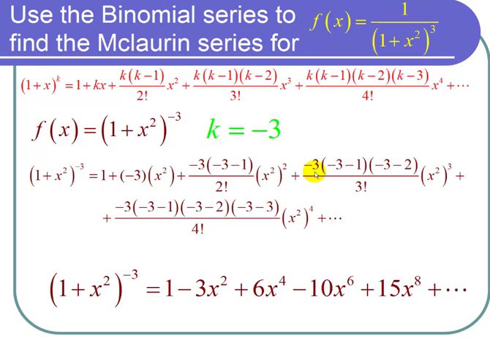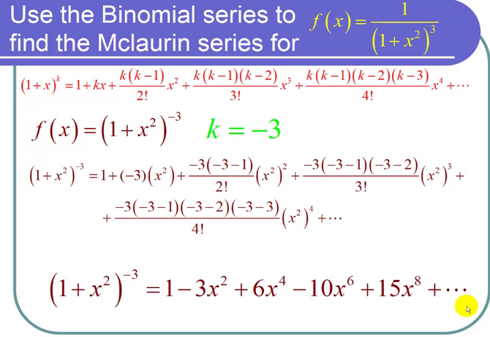We have negative 3 times negative 4 times negative 5 over 3 factorial turns out to be negative 10, and (x squared) cubed is x to the sixth. And negative 3 times negative 4 times negative 5 times negative 6 over 4 factorial times (x squared) to the fourth turns out to be 15x to the eighth power. Then plus dot dot dot.